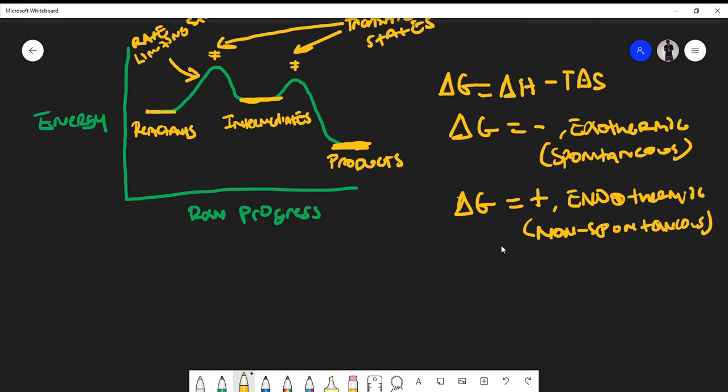And so we call this a downhill process, or in other words, let me draw a line to demonstrate. The reactants had a higher energy than the products, so we're looking at a downhill process. And so this is what we would call an exothermic diagram, right? The reactants are at a higher energy than the products.